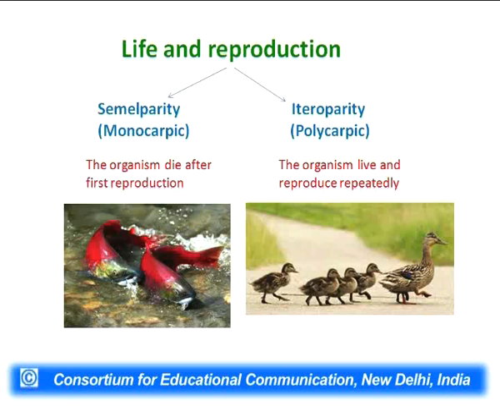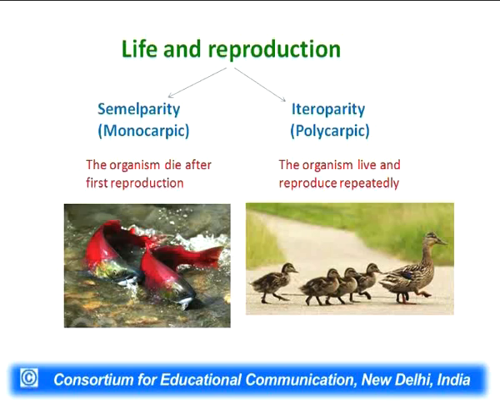This semelparity is very common in lower order animals like insects. Many insect groups and small animals undergo semelparity. However, it is much less common in larger animals, though it is there in many of them, including the salmon fish which I am showing here.